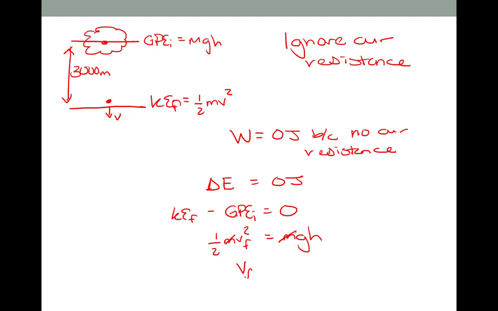And we get v final equals the square root of 2gh. And if you put that all in, you will find that without air resistance, when that raindrop comes down right before it hits the ground, it would be traveling at 242.5 meters per second. And I don't think any of us want to be hit by a raindrop that is moving that quickly.